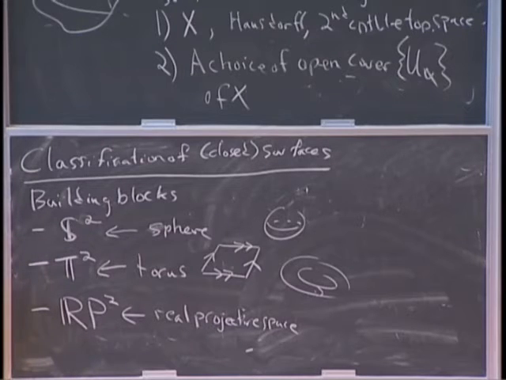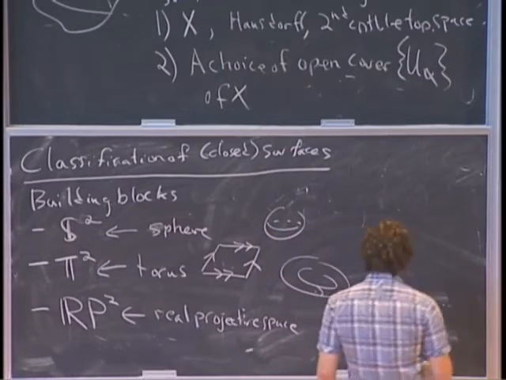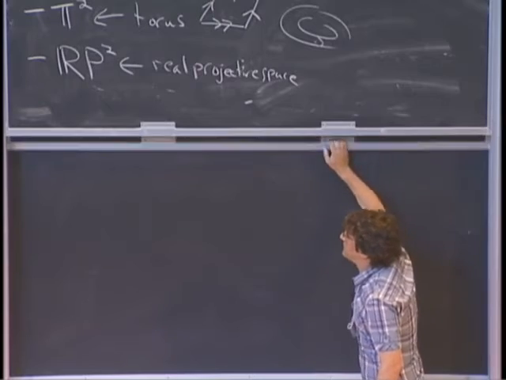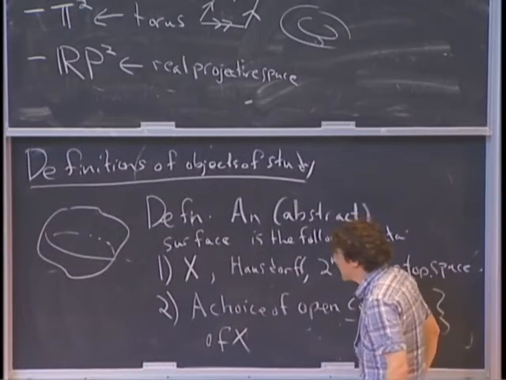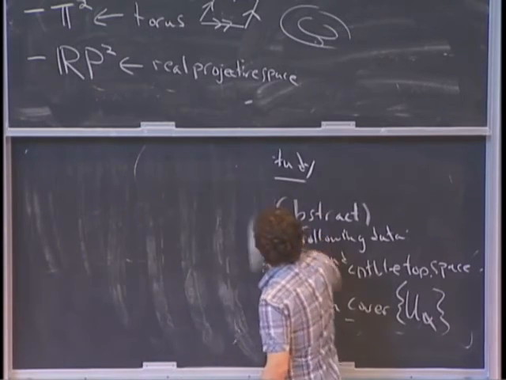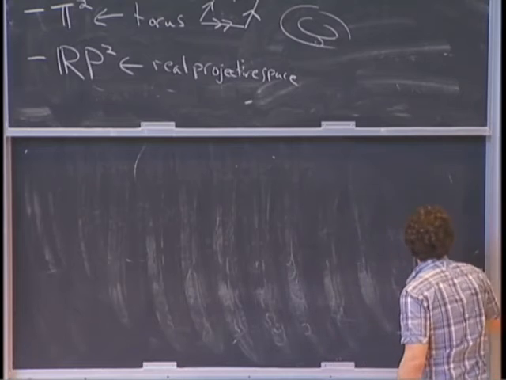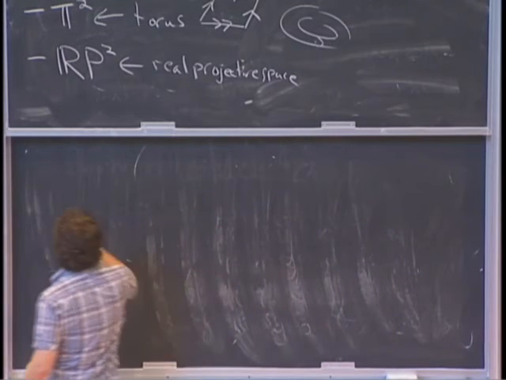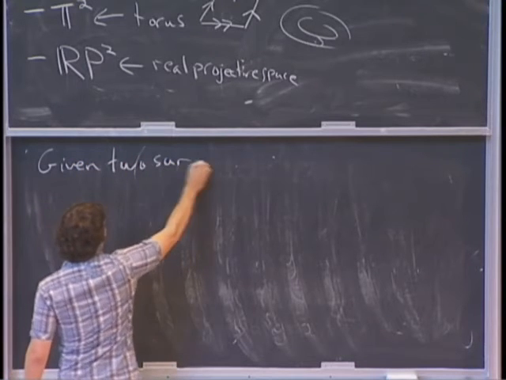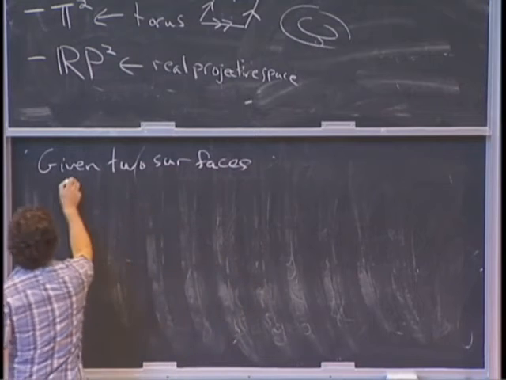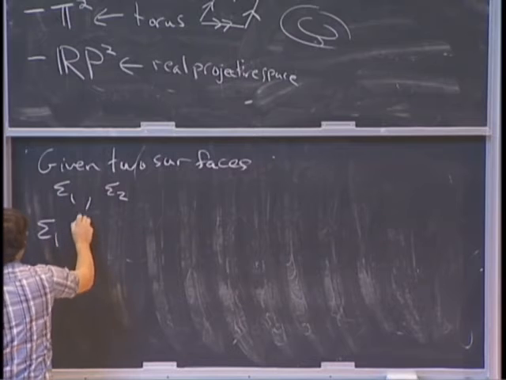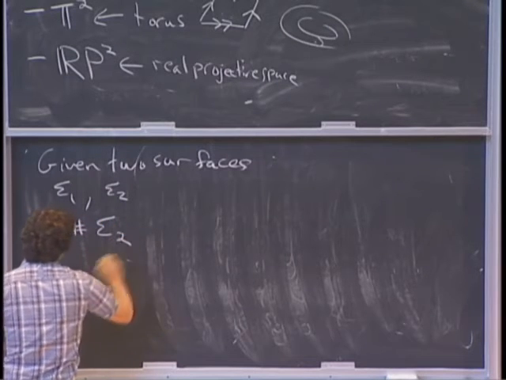Once we have these building blocks, we want to be able to build more complicated surfaces out of them. Again, this is going to be a little vague. Given two surfaces, sigma 1 and sigma 2, we define a new surface called the connect sum of the two.